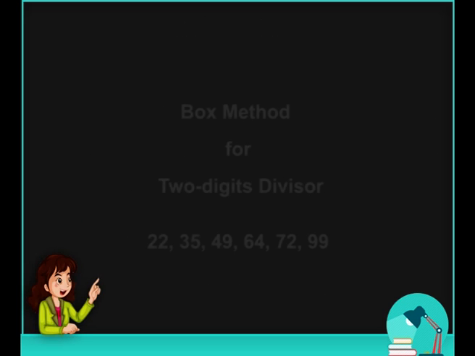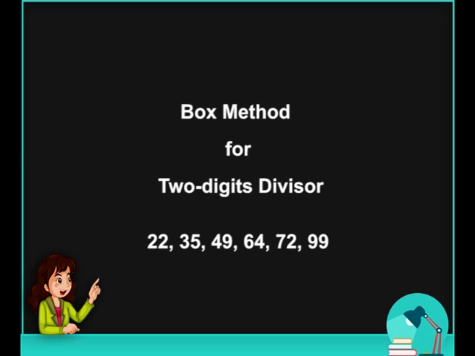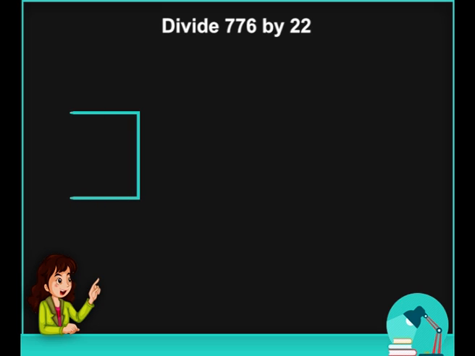Let us learn how the box method is used for a 2-digit divisor. Let us take an example and divide 776 by 22. Just like before, first of all, we set up the box. On the inside of the box, we will put the dividend, that is 776, and outside the box, we will write the 2-digit divisor 22.